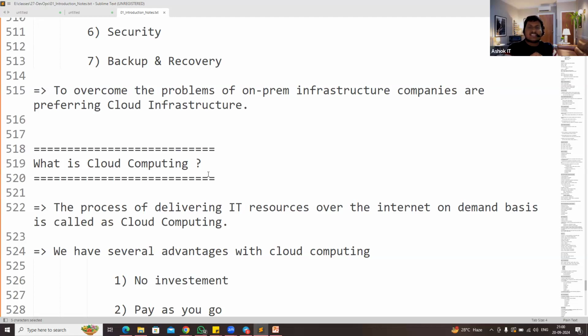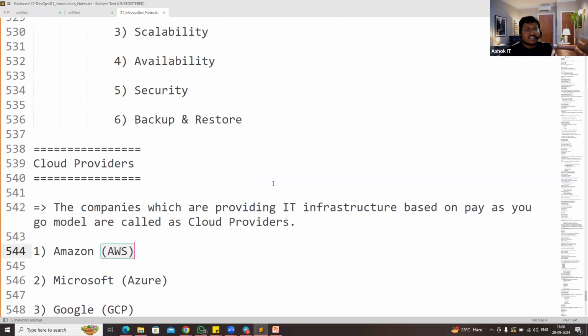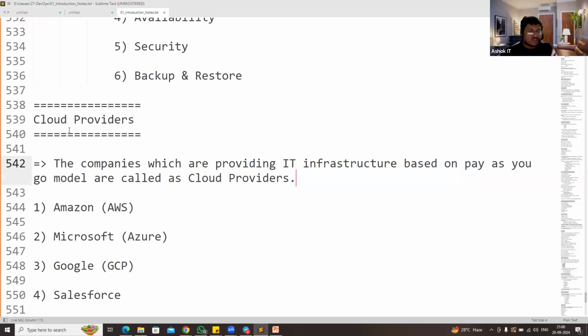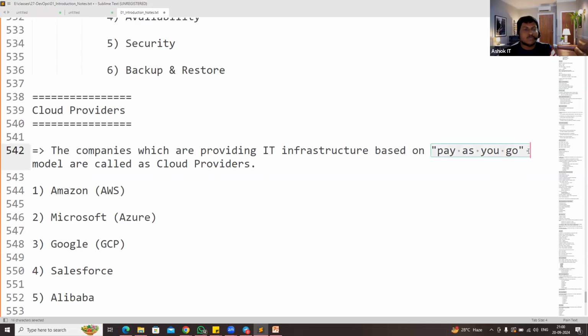We take that IT infrastructure for rent from the cloud provider. The company giving infrastructure for rent is called a cloud provider. They provide it based on the pay as you go model.